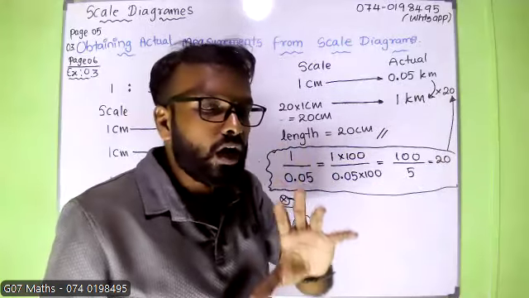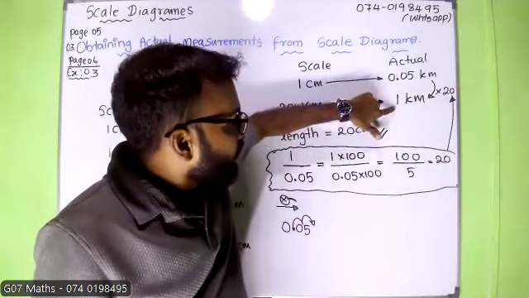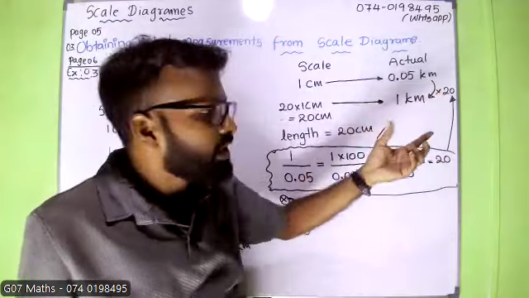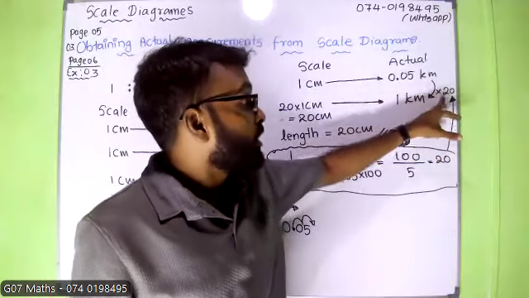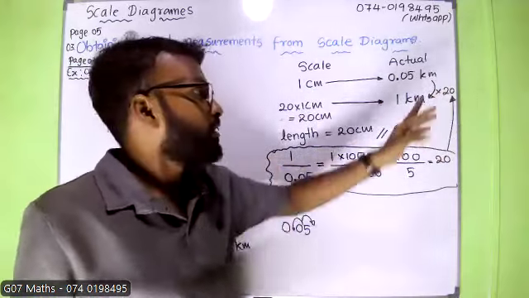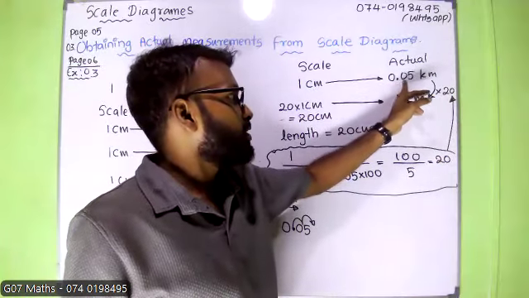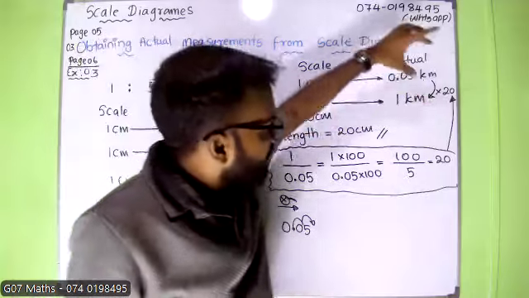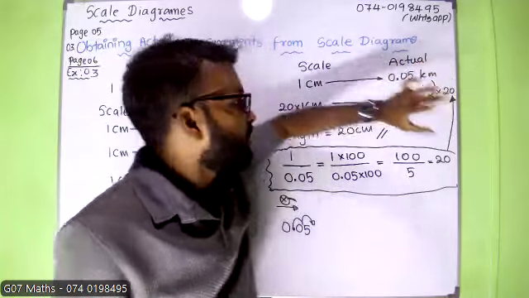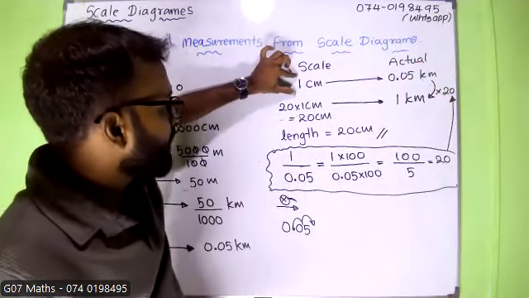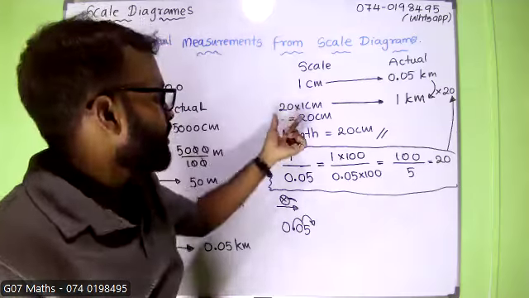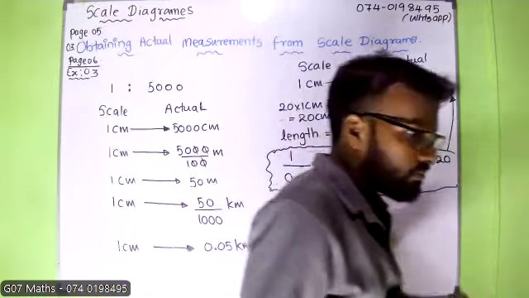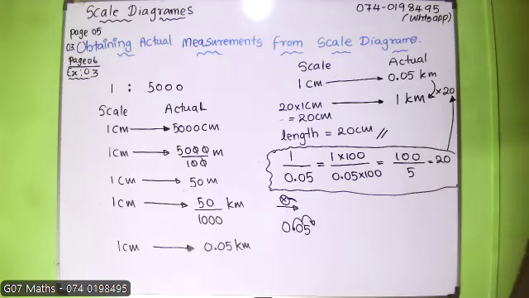How did we find that? 1 divided by this. Then we can find 0.05 into 20 equals 1. So we have to multiply 0.05 by 20 so that I can get 1 kilometer. And if you multiply this side by 20, you need to multiply this scale length also by 20, so that your length will be 20 centimeters.